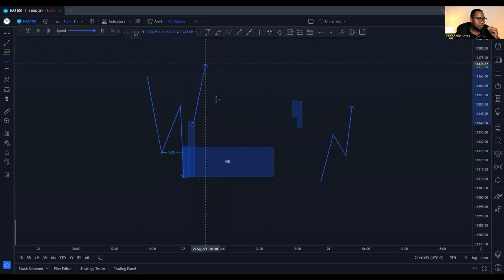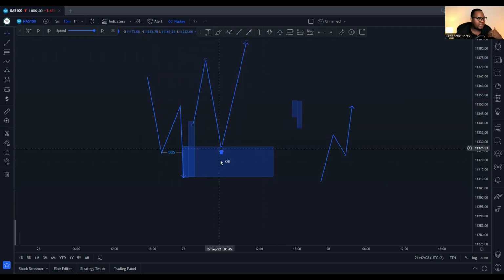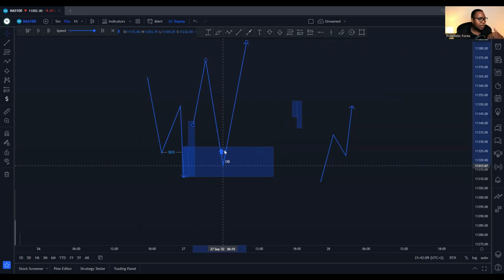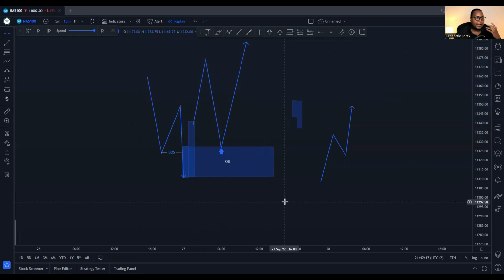You want it to go all the way up, come back to mitigate or retest that area, then we can go all the way up, and our entry may be somewhere right here. We can even go further, as it's spiking within, but as a beginner, you want to put your buy limit or execute your trades manually at that level.